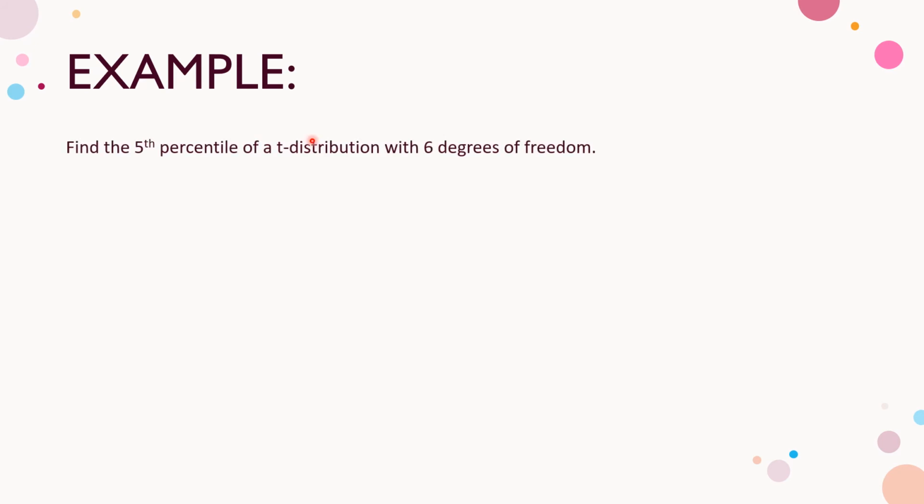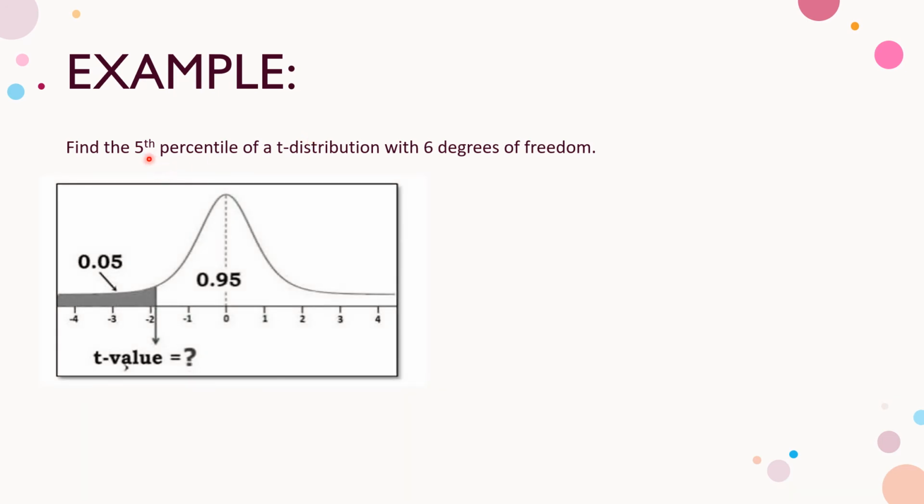Find the 5th percentile of a t-distribution with 6 degrees of freedom. In this case, the 5th percentile is found on the left tail. Why? Because this point in the middle is the 50th percentile, and so the 5th percentile will be found to the left of the 50th percentile.